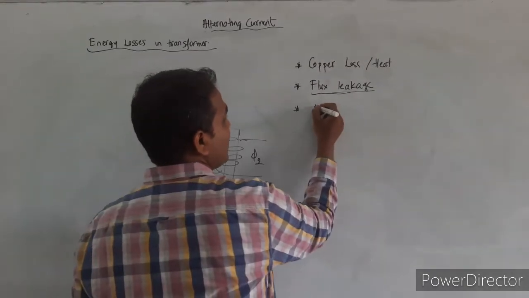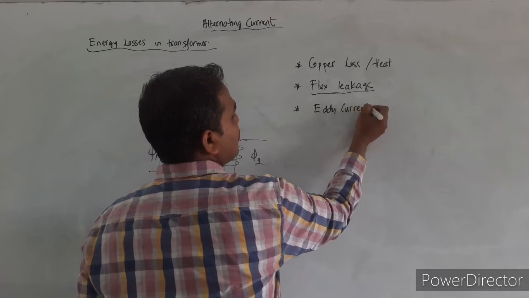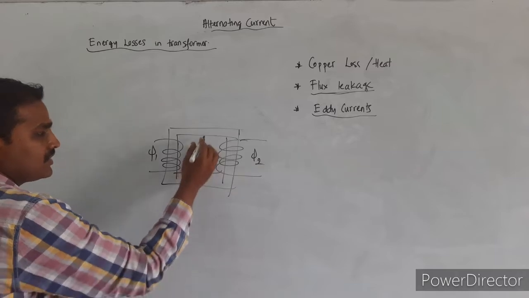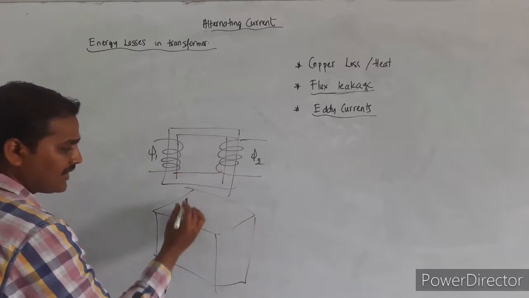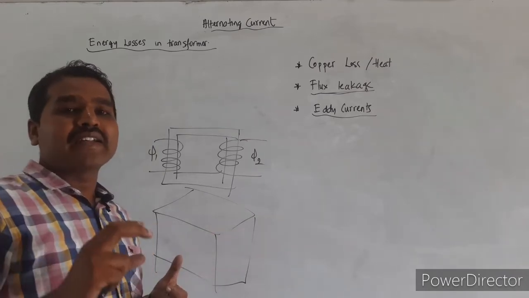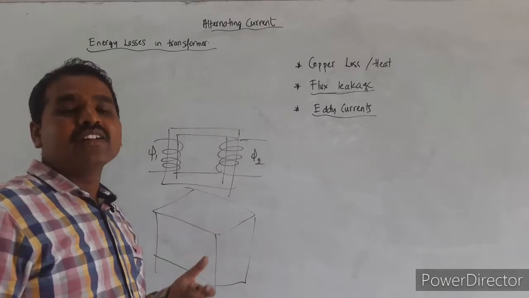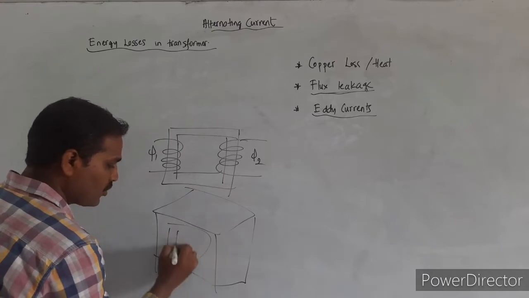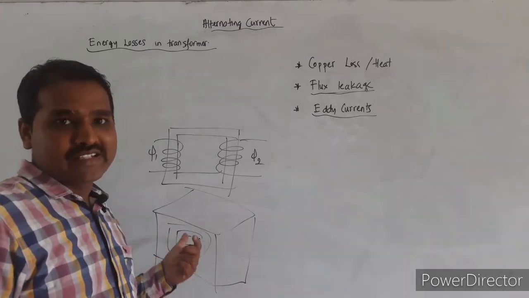Next we have the losses due to eddy currents. When we consider the iron core here, if I take a solid iron core, we know whenever the magnetic flux is linked with the solid metal, whirling currents are produced, which results in loss due to heat generated.